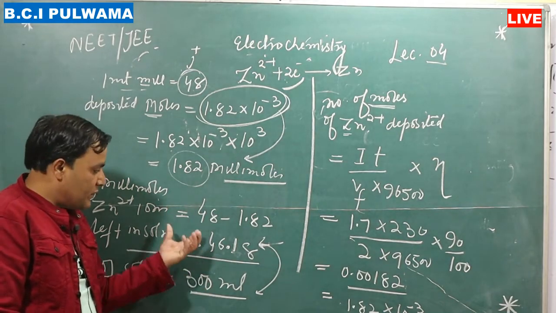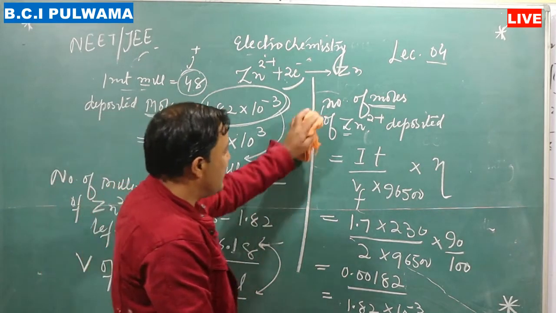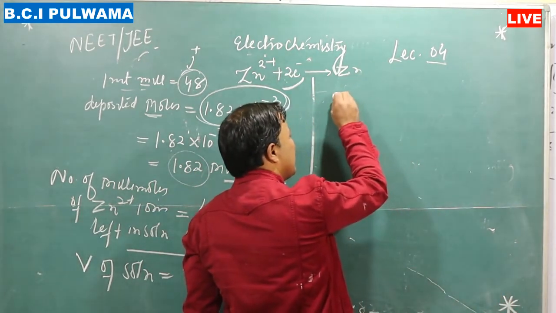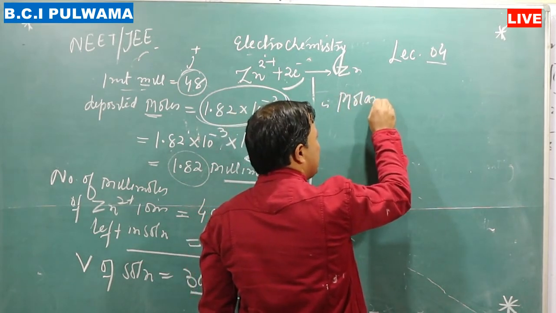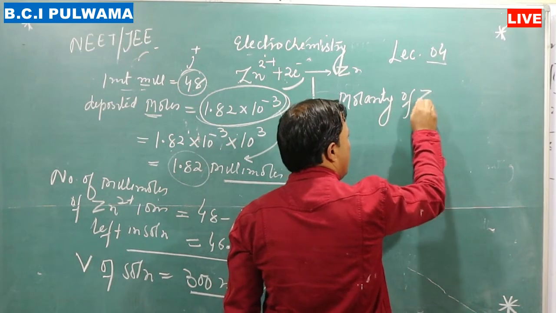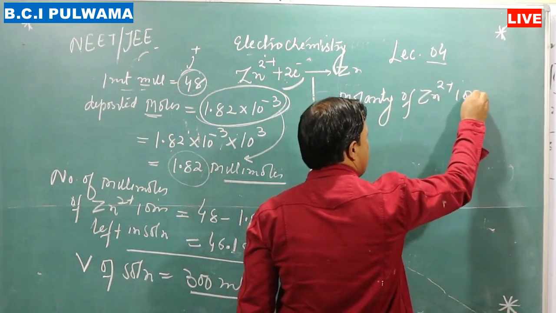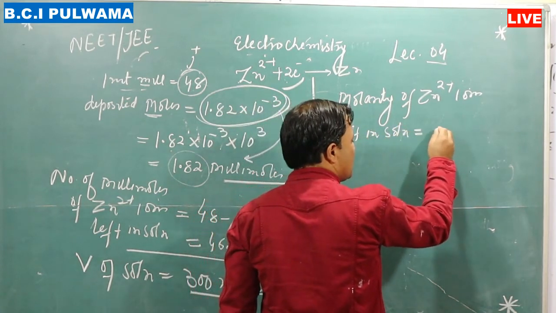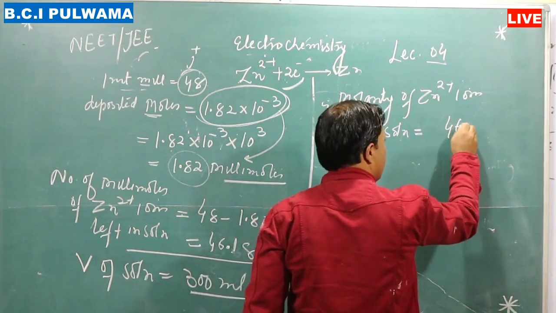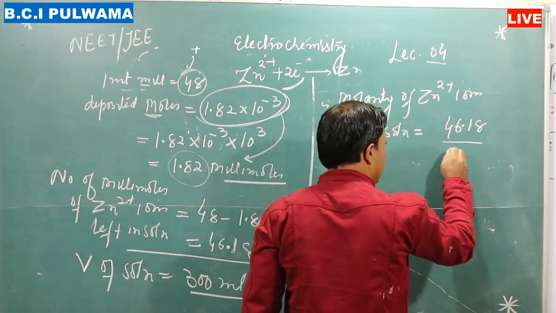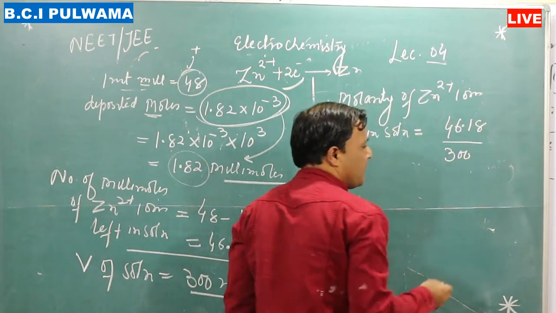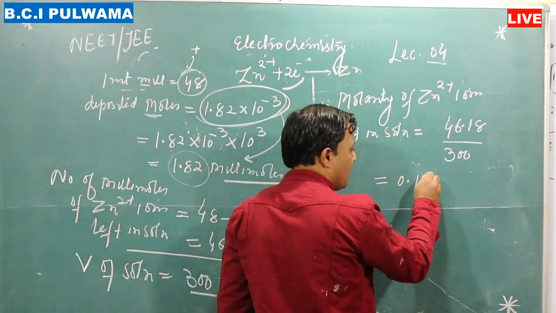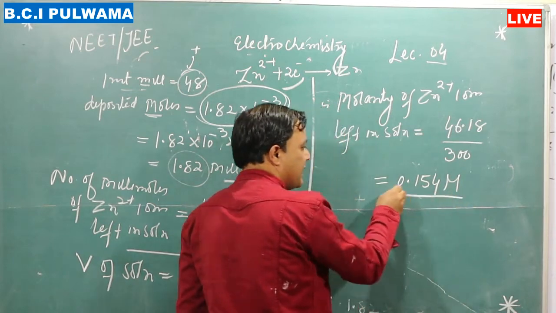Therefore, the molarity of Zn2+ ions left in solution will be equal to 46.18 divided by 300, where this is the number of millimoles and this is the volume of solution in ml. This comes out to be 0.154 moles per liter.